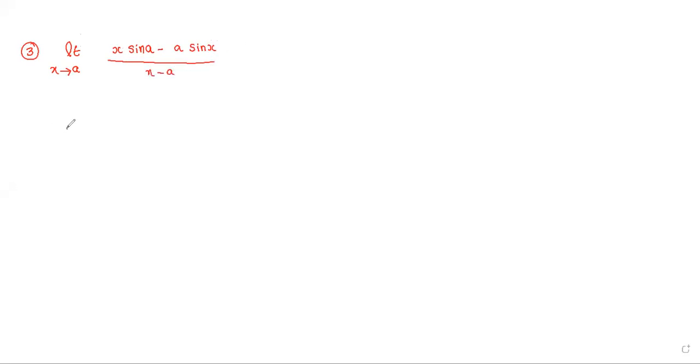Please observe the question. I will write limit x tends to a, x sin a. So adding minus a sin a and plus a sin a, next, minus a sin x by x minus a.